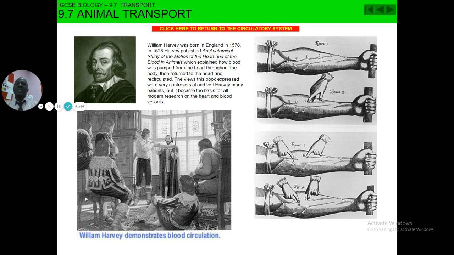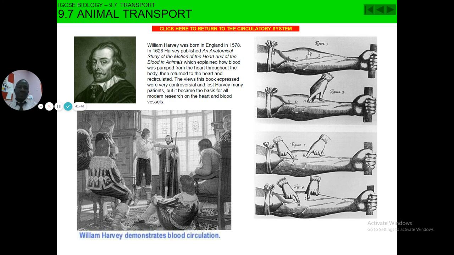The views this book expressed were very controversial and lost Harvey many patients, but it became the basis for all modern research on the heart and blood vessels. So credit goes to my brother William Harvey, who did this kind of work for some good time.